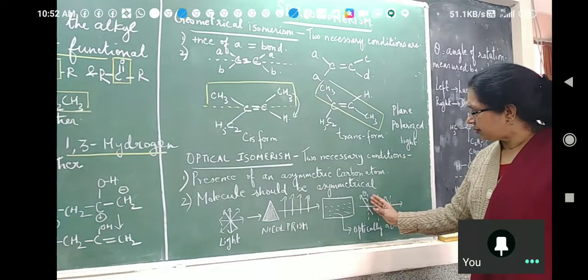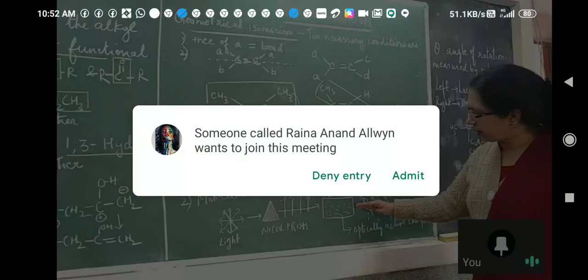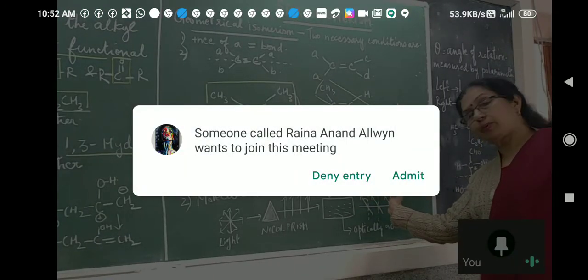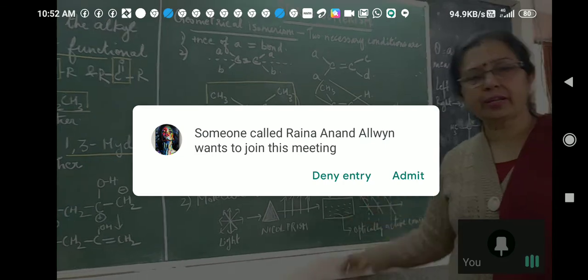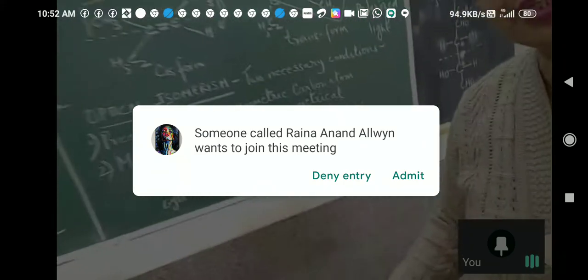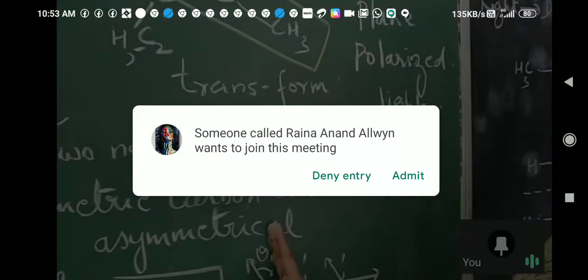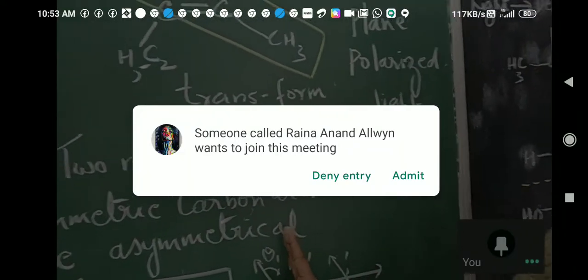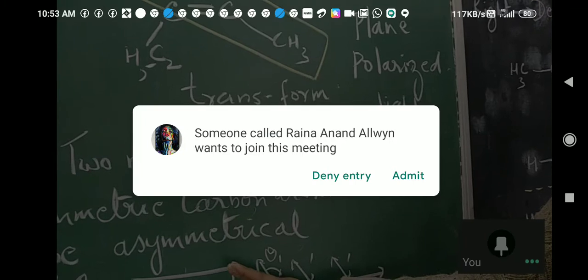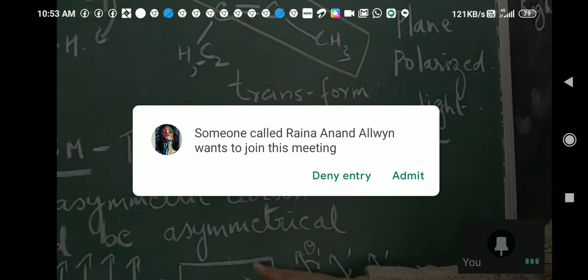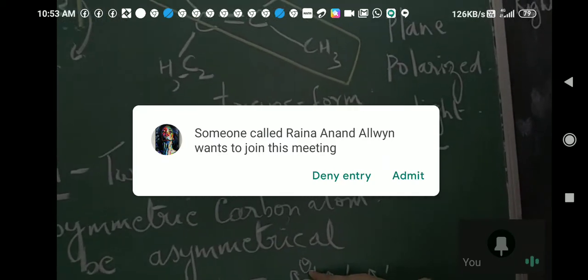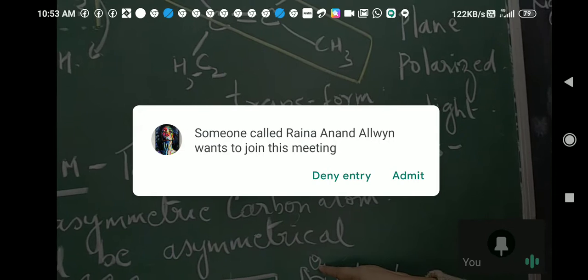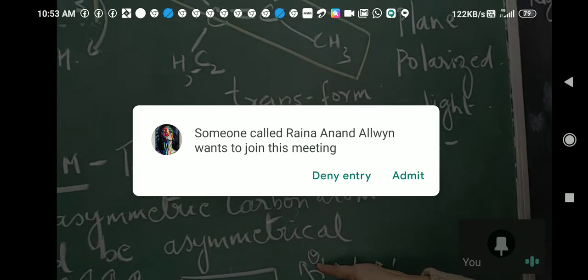The plane of the light is rotated either towards left or it is rotated towards right. Can you see my hand? Either in this direction, this is towards your left, or this will be towards your right, by an angle theta. Theta is nothing but the angle of rotation.